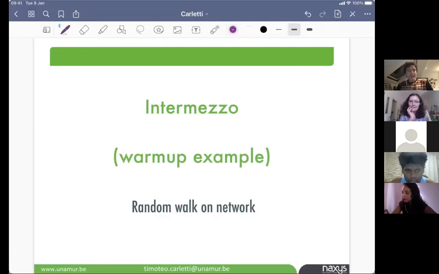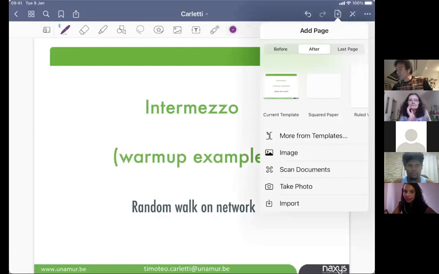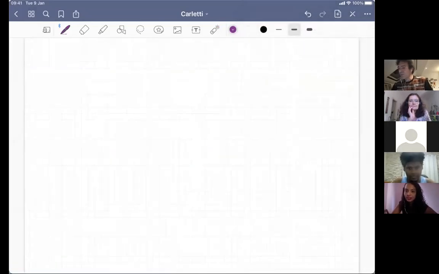Yes, let me just draw one picture to explain. This is something that I would like to present in the last lecture. I told you about the adjacency matrix.